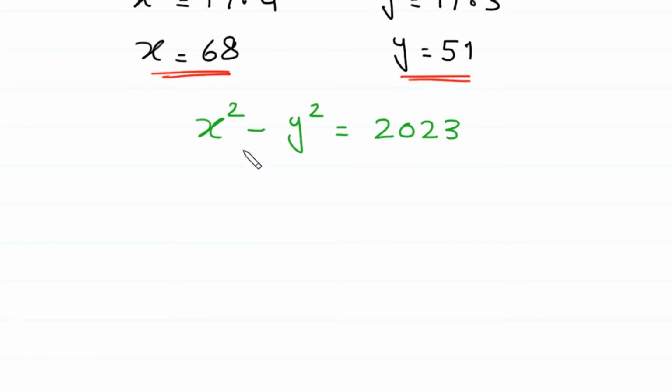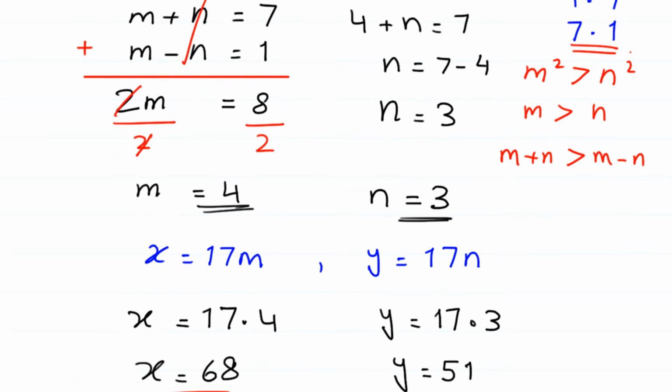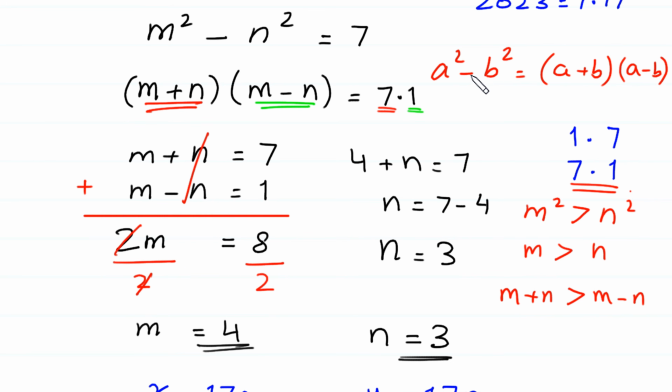Then this equation becomes 68 square minus 51 square is equal to 2023. Now according to algebraic identity, a square minus b square is equal to a plus b times a minus b.